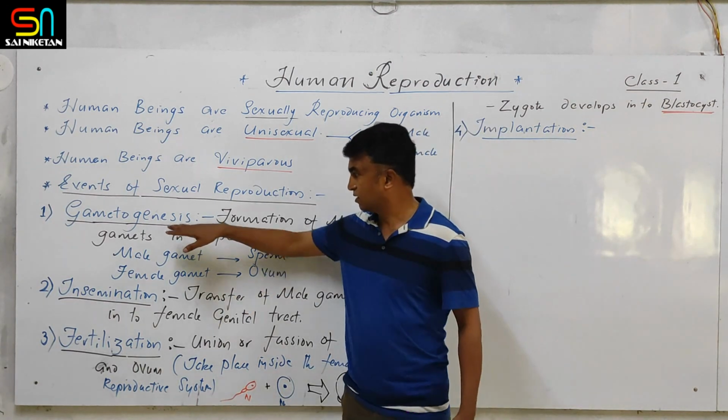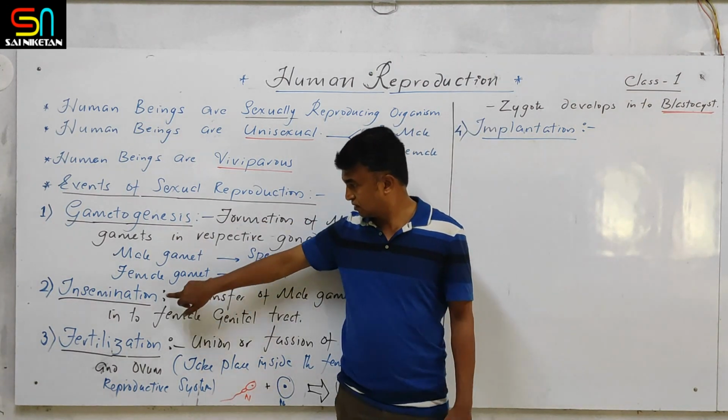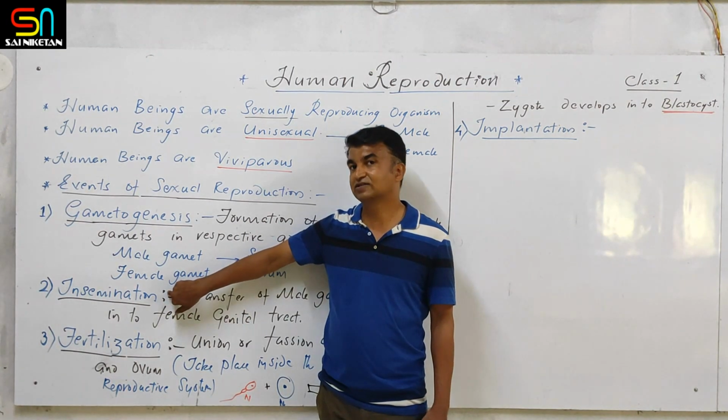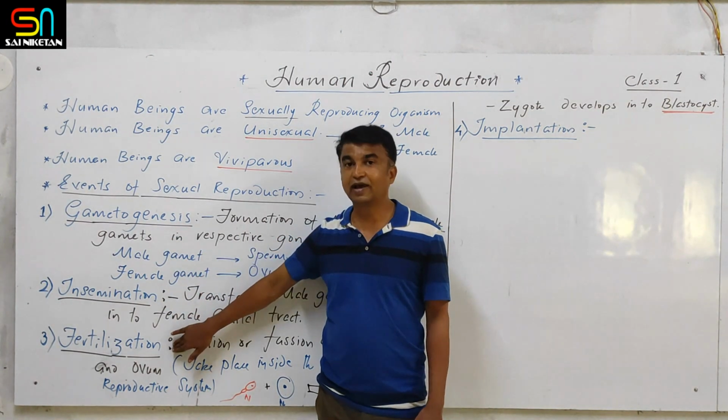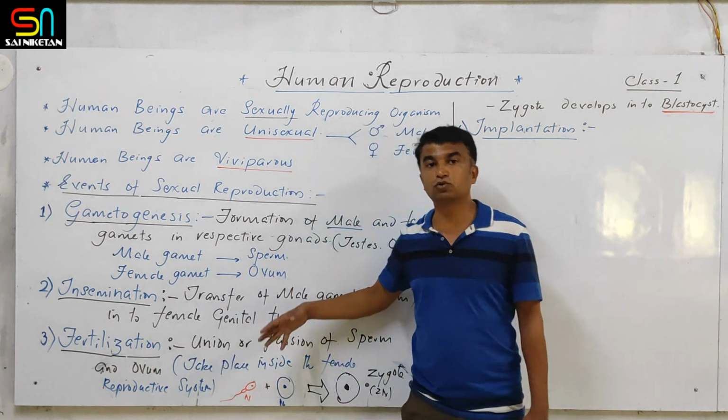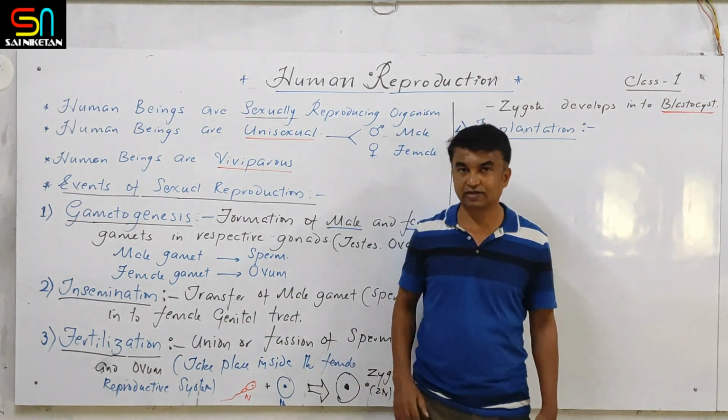Can you say it one time? Gametogenesis is the first event. Insemination is the second event. Fertilization is the important one, where both male and female gametes fuse to form the diploid zygote.